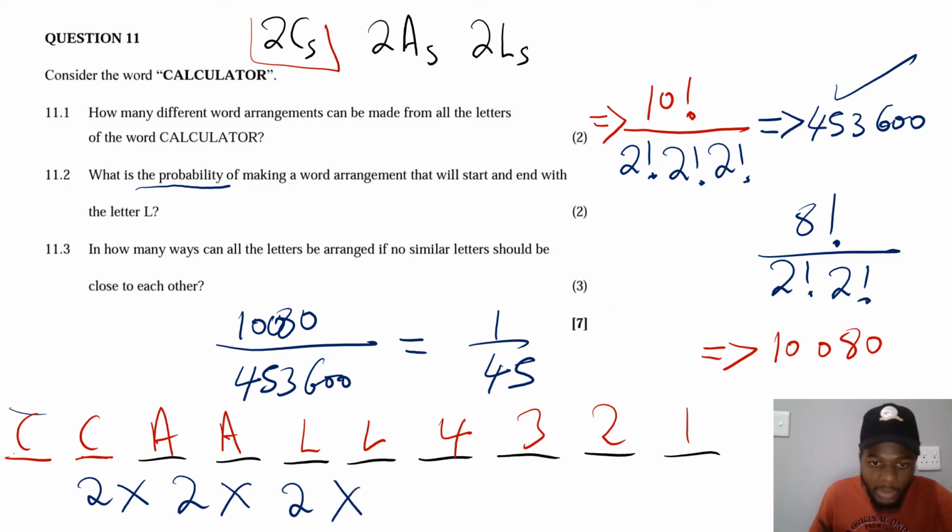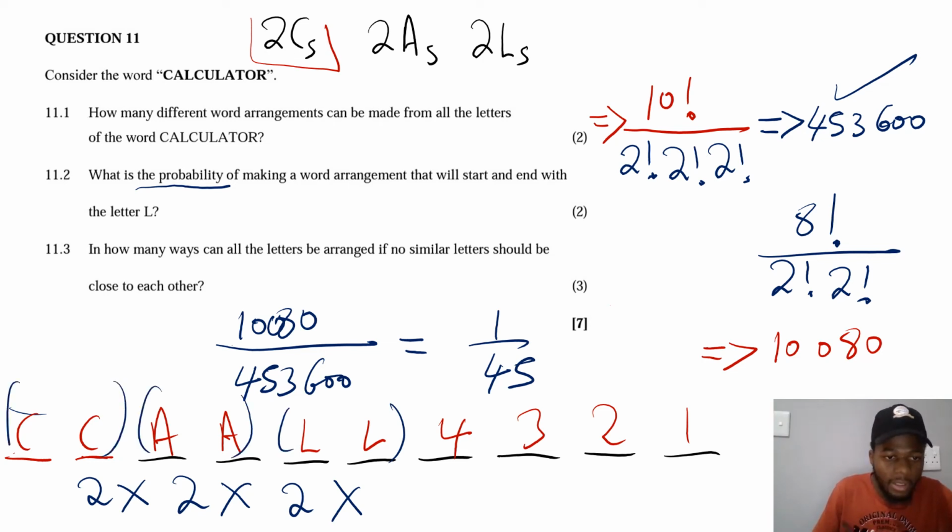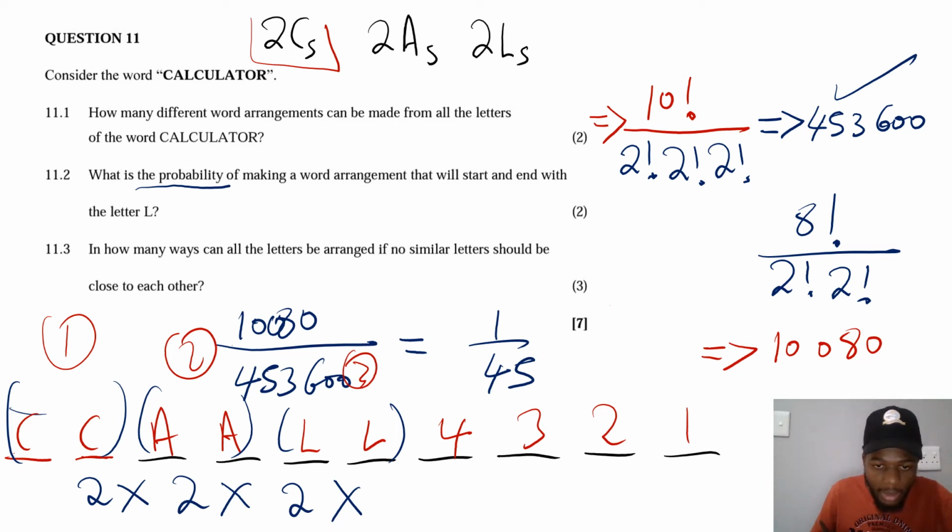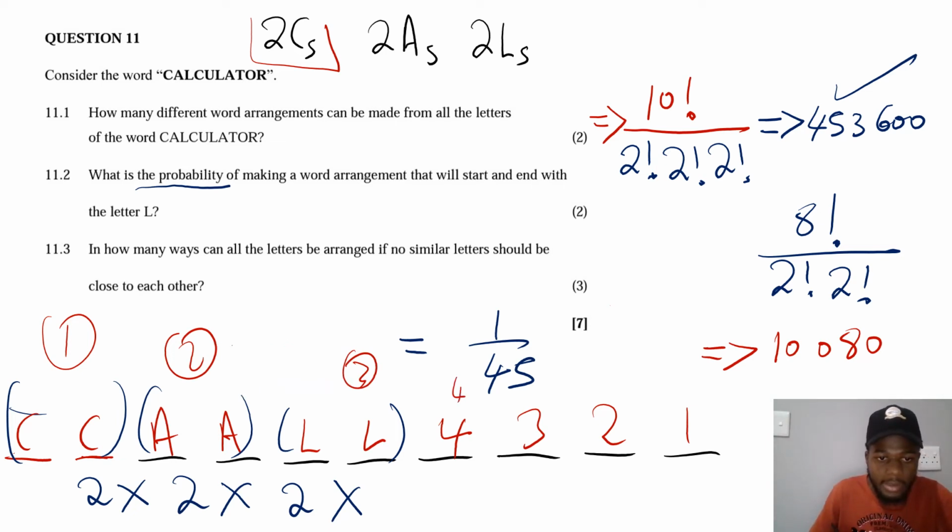So I want you to notice something. This one will be close to each other. So we're going to have how many ways? This one we're going to count once, 2, and then 3. Let me erase this one here so that you can see. We're going to count it once. It is combined because it will be close to each other.